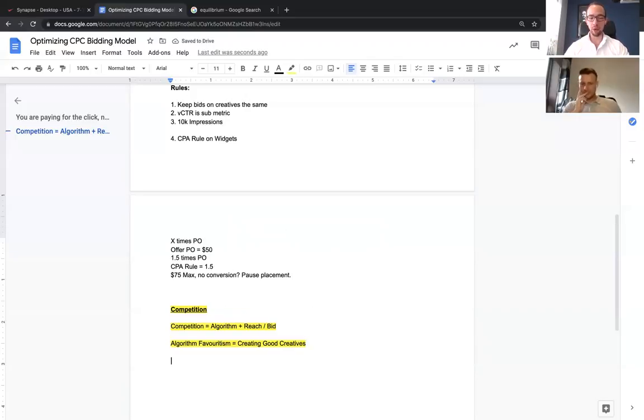Now you need to push reach, right? We need at some point push reach. Now I'll give you a good example here. So Ross, would you rather have 100% ROI over $100 spent, or 10% ROI over $1,100 spent?